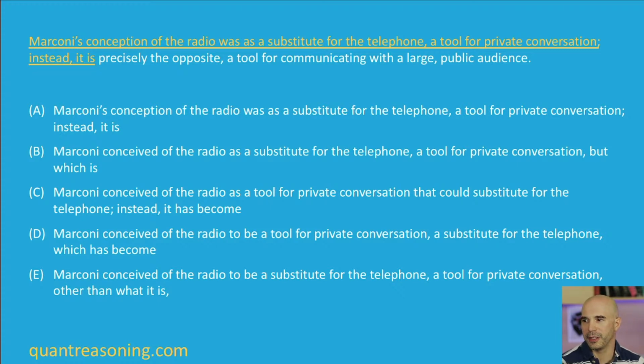That's right, Anurag. Very good. The "which" has to refer to something nearby, and it's trying to talk about the radio. We know that the non-underlined text at the end is describing the radio, a tool for communicating with a large public audience. So the "which" doesn't make any sense here, and we can eliminate B for that reason.